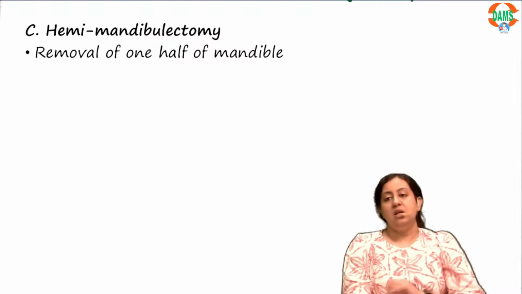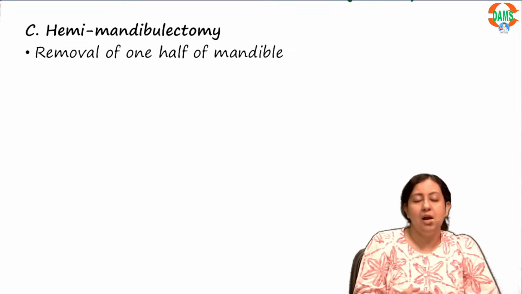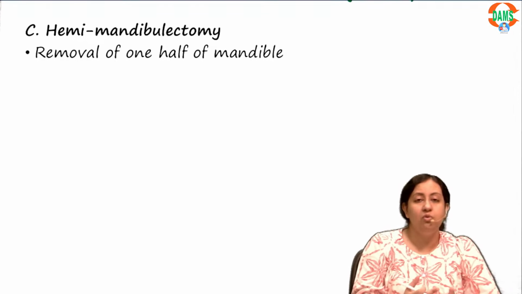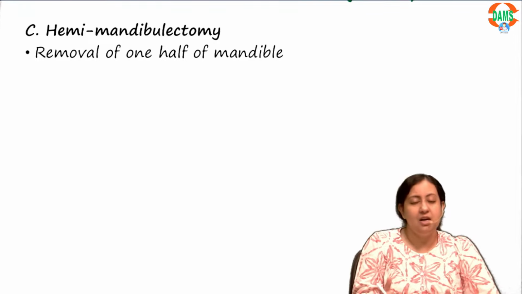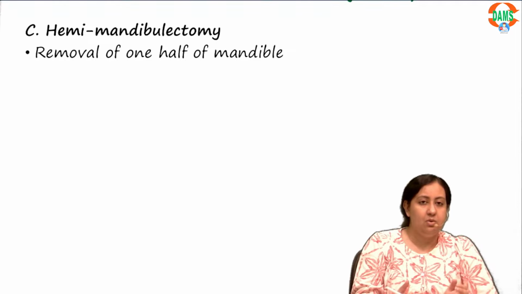Now the next thing that we have is hemimandibulectomy. What is hemimandibulectomy? Hemimandibulectomy is basically removal of one half of the mandible. So either right side of the mandible complete will be removed or the left side.